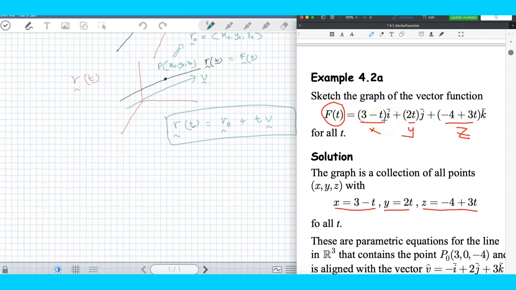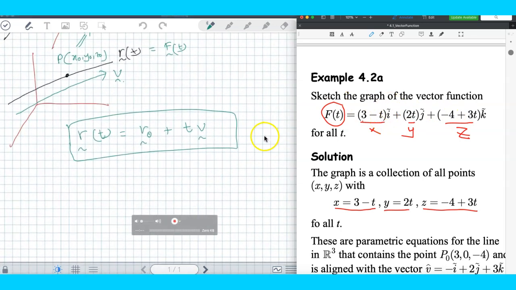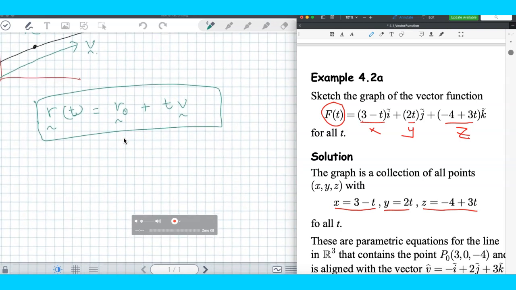In this case we call it vector f in a more general form, as I explained in the previous video. The r naught comes from the point P, where the value of x is x naught, y is y naught, and z is z naught. And we have to find the vector v.